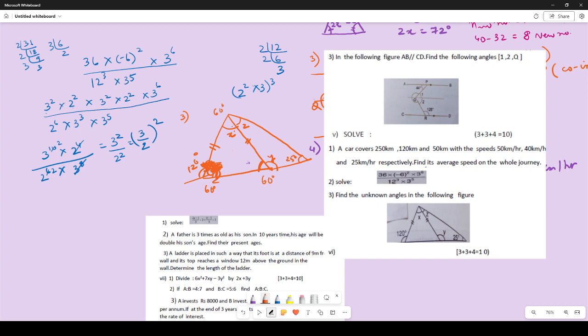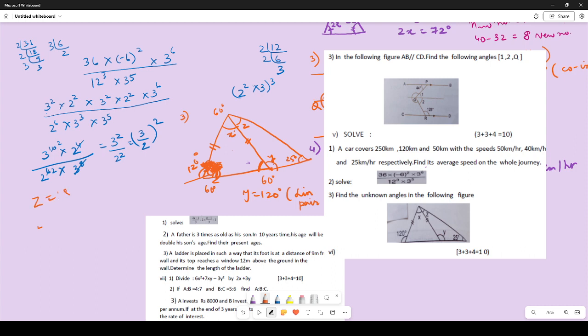Because the three angles of a triangle add up to 180 degrees. If this is 60 degrees, now what does it make Y? Y becomes 120 degrees. Why? Because it forms a linear pair with 60 degrees. Now let us look at Z over here. So if Y is 120, this is 25. So what does Z become?